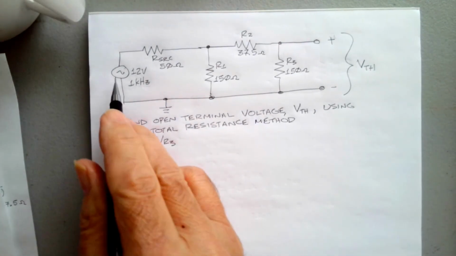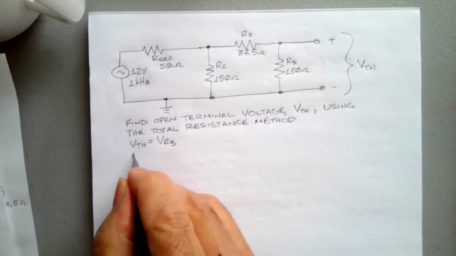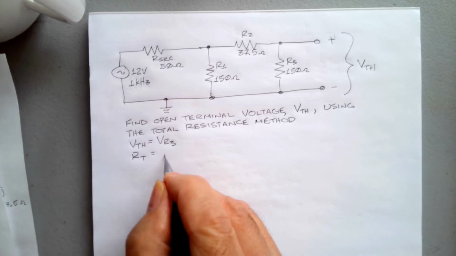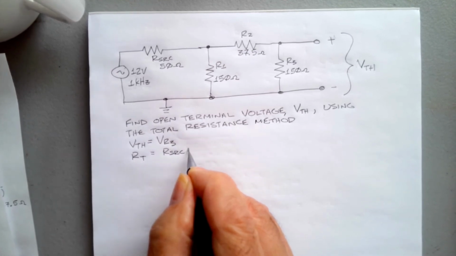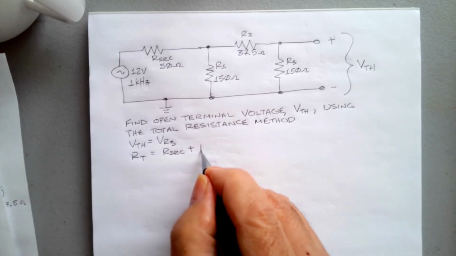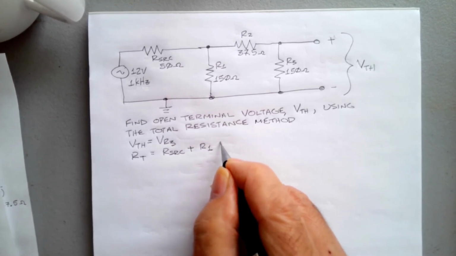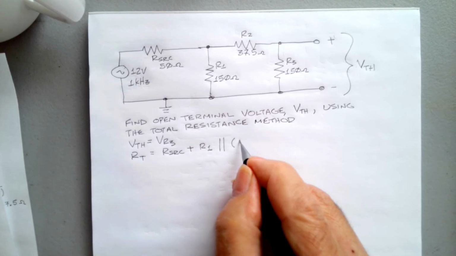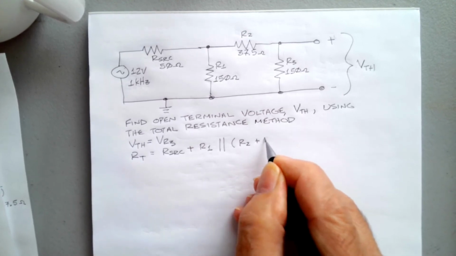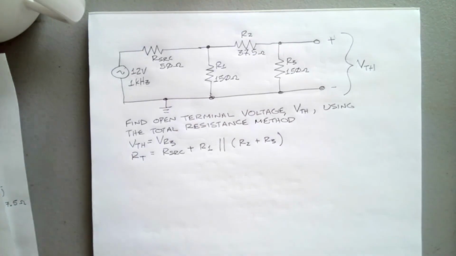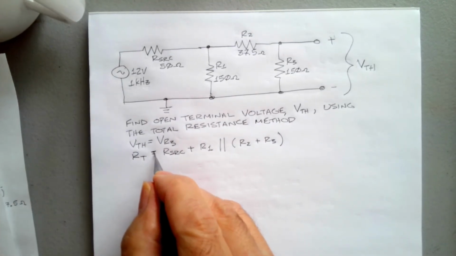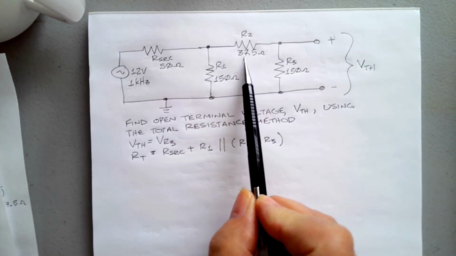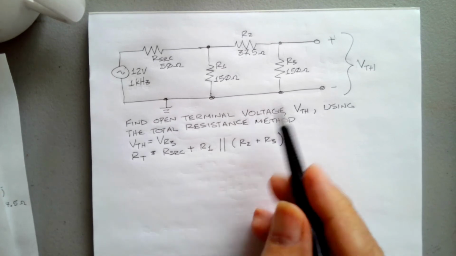Let's do that. As we look from here, R total is going to be equal to R source plus R1 in parallel with R2 plus R3. R2 and R3 add up, so I'll have 187.5 ohms there.